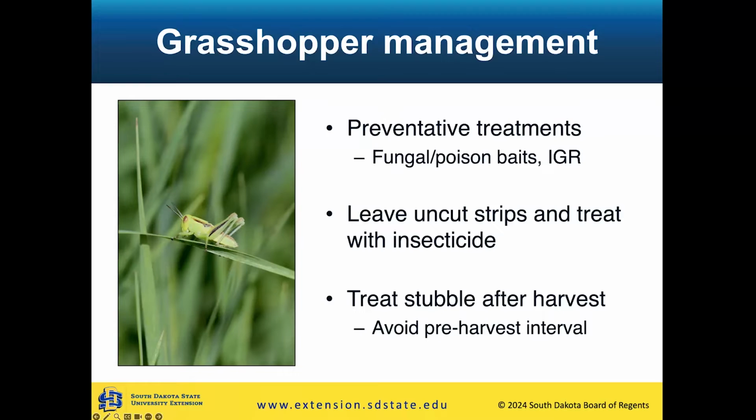So again, it's something that you'll use early on to combat the nymphs. If you have a lot of adult grasshoppers showing up, an insect growth regulator is really pointless to spray at that point because they're already fully grown.